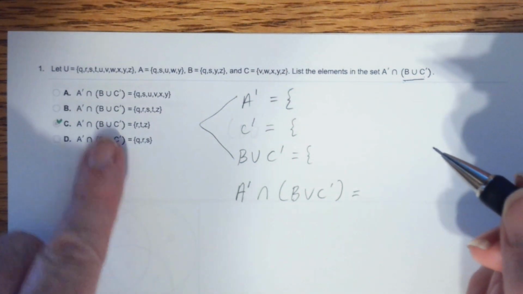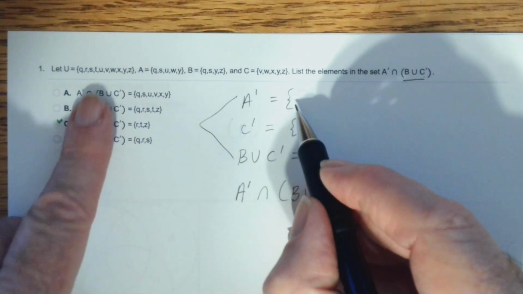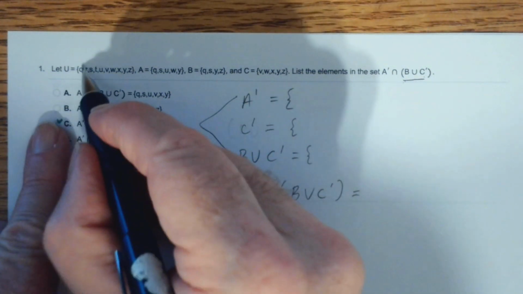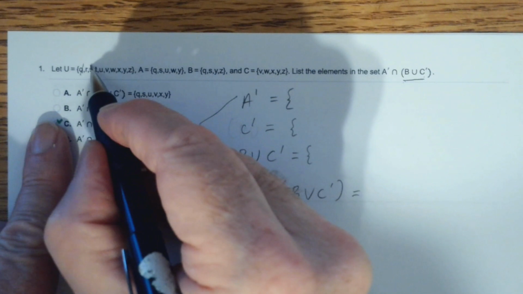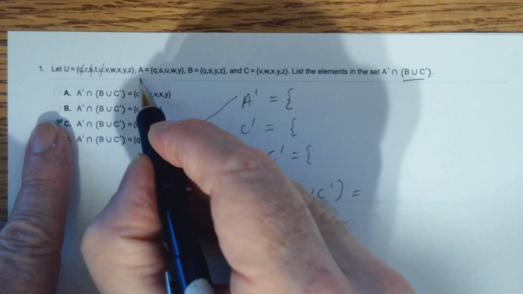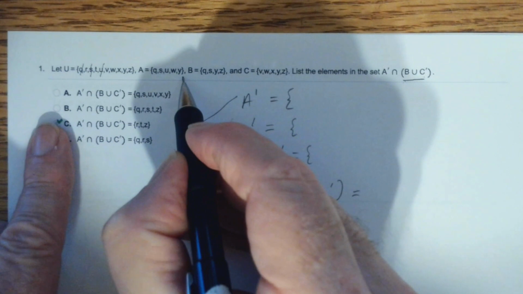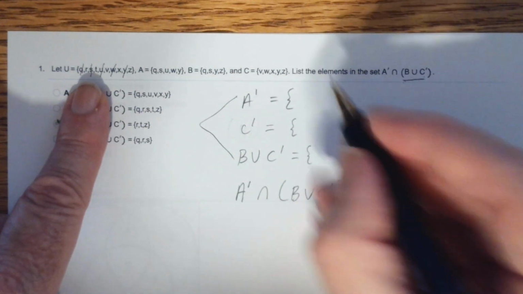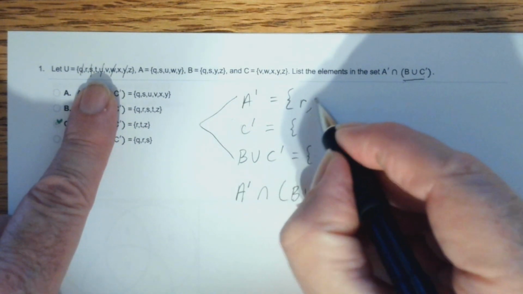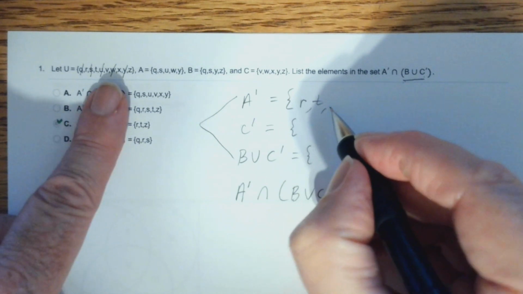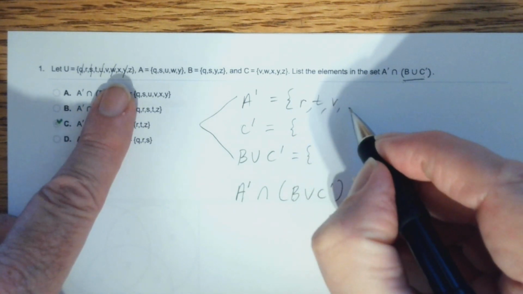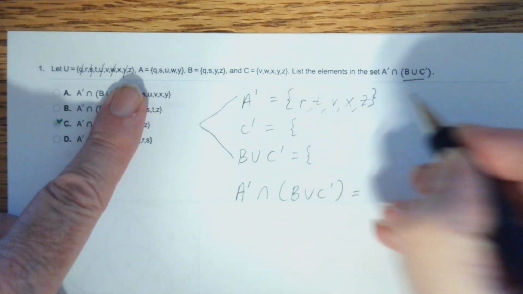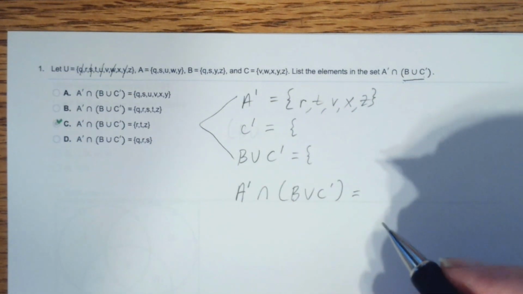So A complement is all the elements that are in the universal set that are not in set A. So no Q, no S or U, no W or Y. And so A complement is going to have R, T, V, X, and Z. Now C complement.